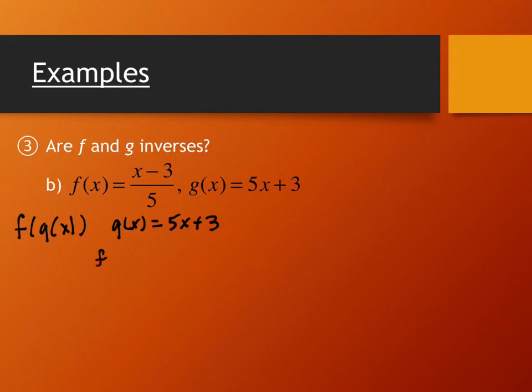And then I'm going to take that and put it into my F equation. Well, my F equation has an x at the beginning right here. So that x will be replaced with the 5x plus 3. And then it has minus 3 over 5, right? So this piece right here replaced my x.